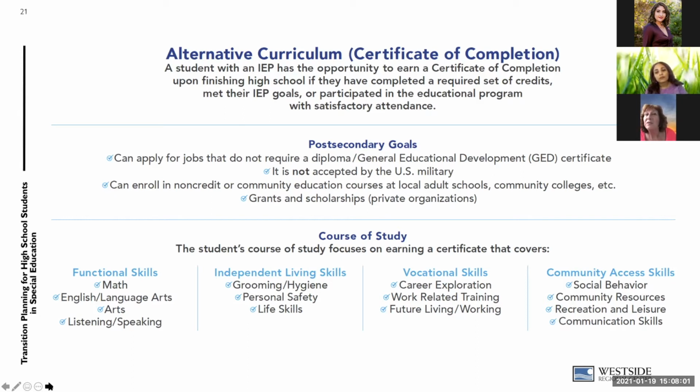Some of our students are nonverbal, and then we have other methods of communicating, either using sign language or icon board or PECS system. So there are all these ways that we can learn in a functional context under the alternative curriculum.